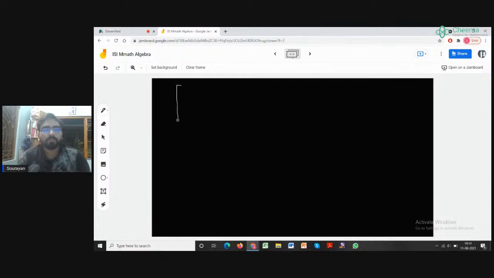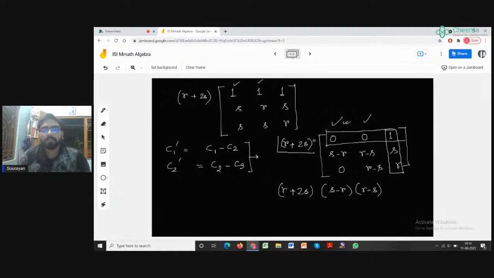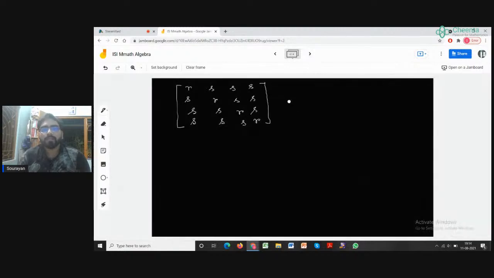Now let's see what happens in the pattern of 4 cross 4. In the 4 cross 4 you have R, S, S, S and so on. The first operation is exactly the same, so instead of R plus 2S, you get R plus 3S.